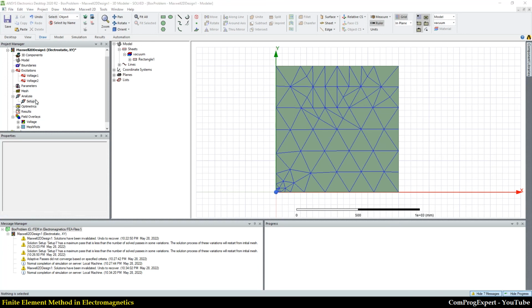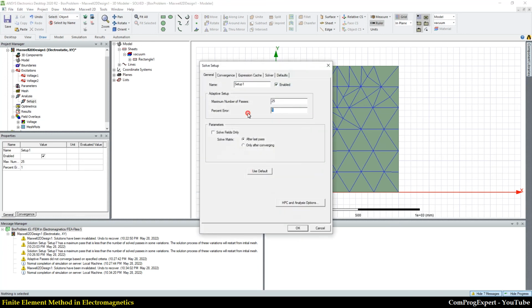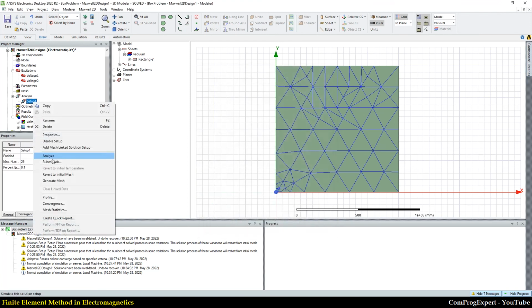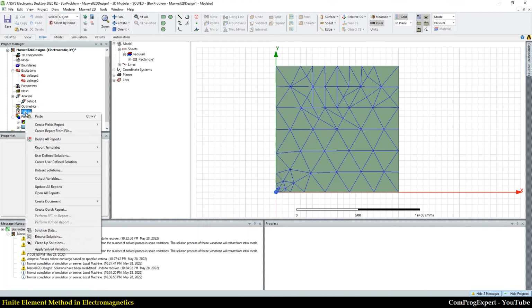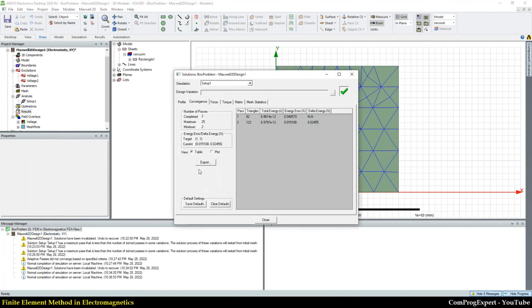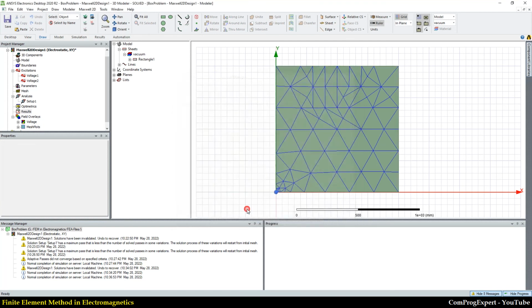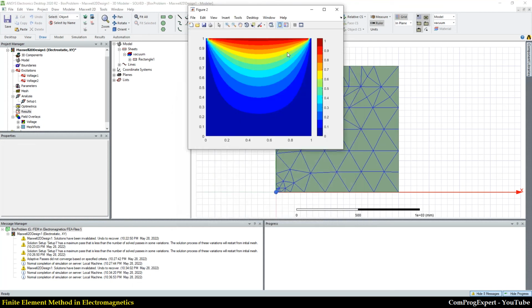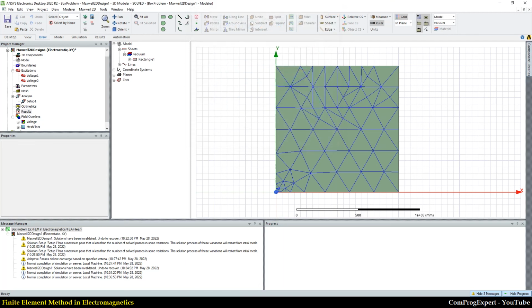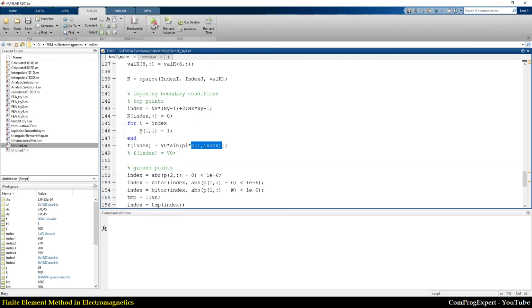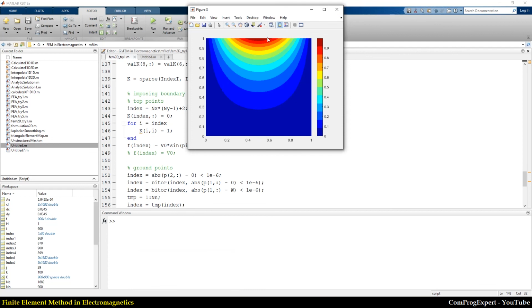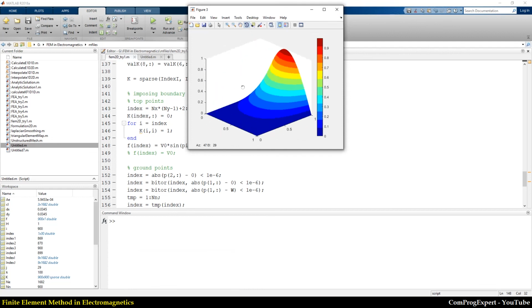So even if I reduce the percent error to 0.1 and run the simulation again, results, solution data, you will see that we have convergence here again, right? So this is important, that you can see the same thing here in our MATLAB code when we apply continuous Dirichlet boundary condition.